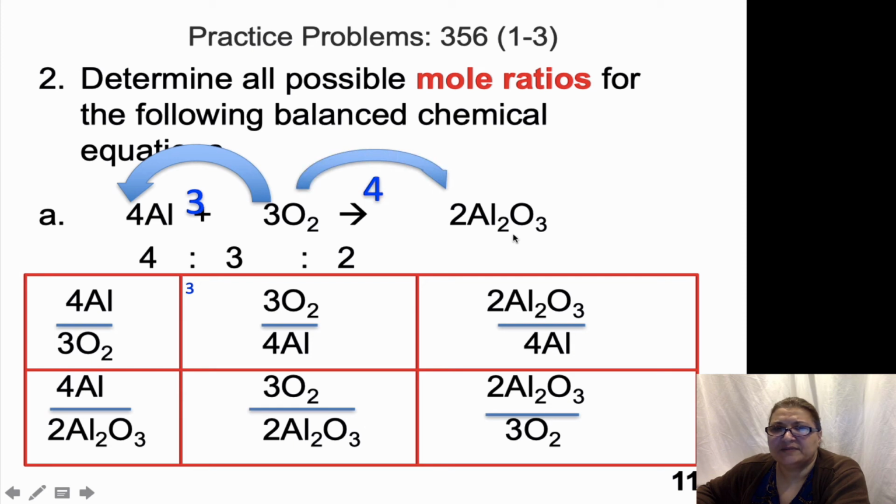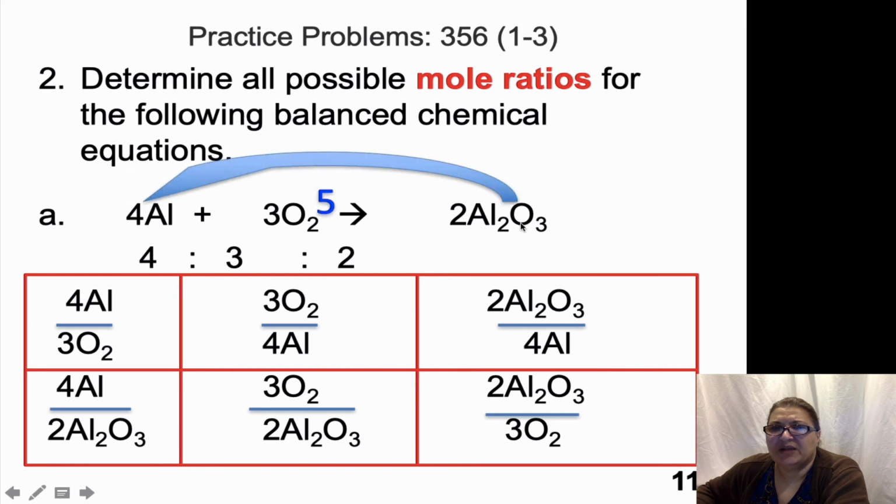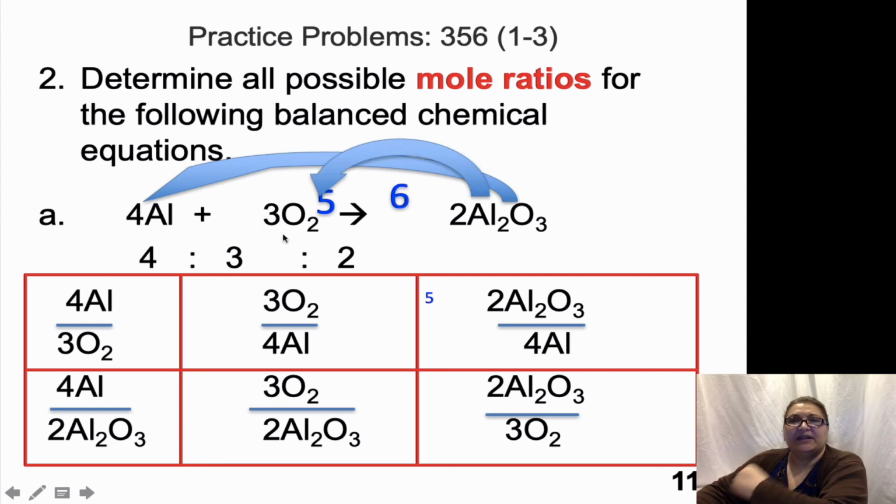That's the fourth. And then we take aluminum oxide divided by aluminum, and then aluminum oxide divided by oxygen, and that's number 6 mole ratio. So in this case, we have 6 mole ratios. So we take each one of them and divide it by the other 2.